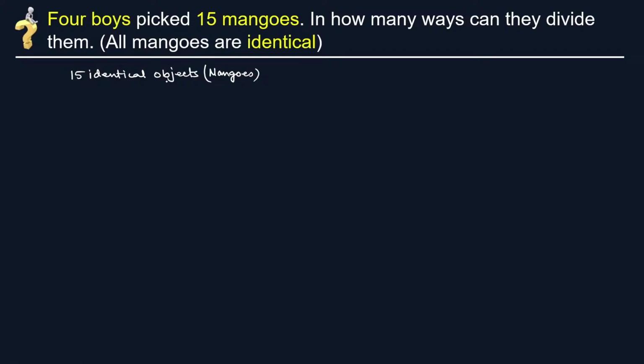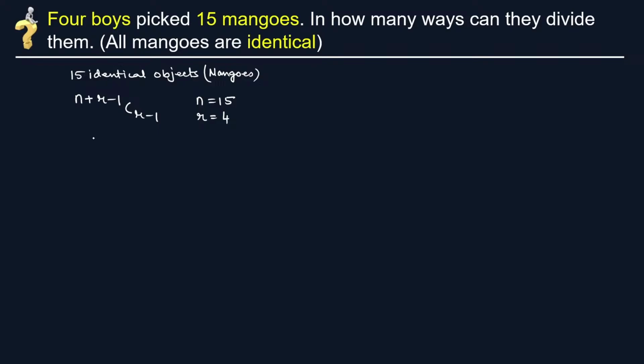So now we are having 15 mangoes, and what was the formula for Beggar method? It is n plus R minus 1 C R minus 1. What is n? n in our case is 15, the number of identical objects given to us. R is the number of groups it has to be divided into. In this case, we are having 4 boys, so R is 4 here.